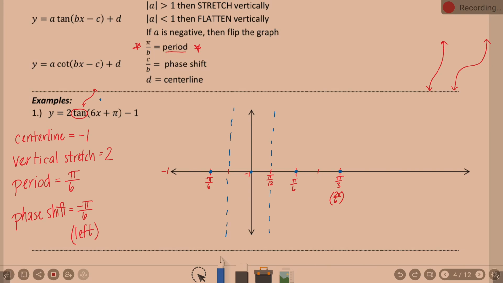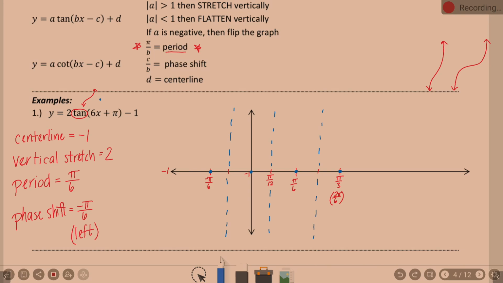Officially, in between pi over 6 and 2 pi over 6 if you want, there's going to be an asymptote. And you can keep going. Okay, you can put the end asymptotes in, but you don't have to. Okay. Now, you're pretty much ready to draw this.